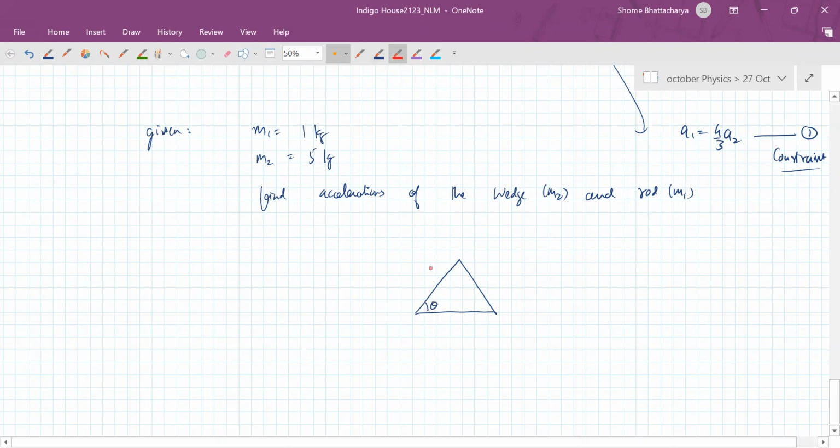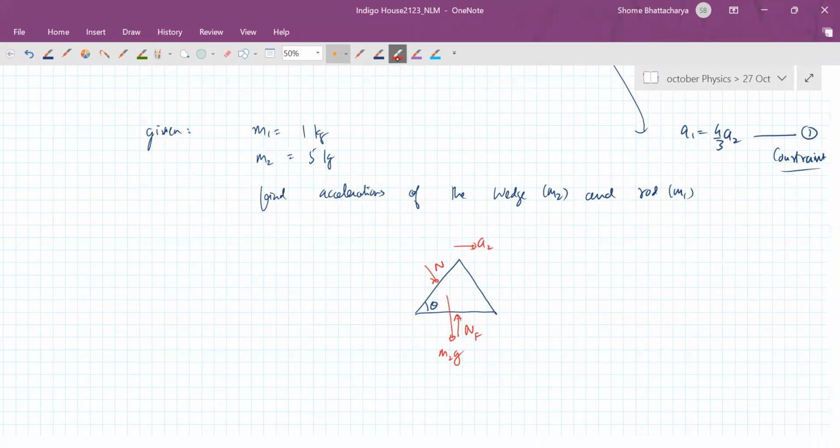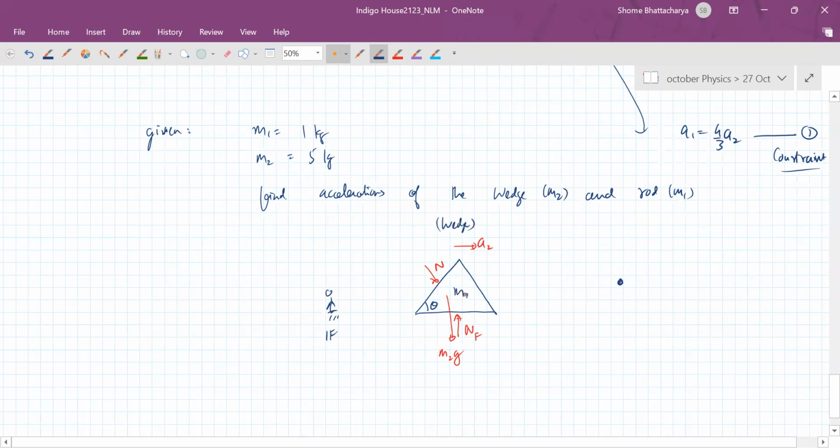Now the wedge will be experiencing a normal force from the rod like this, some normal reaction from the floor or the ground like this, and its own weight and its own acceleration a2 like this. So we have the equation, in this inertial ground frame, for the wedge of mass m2.